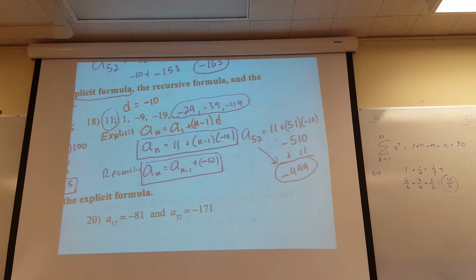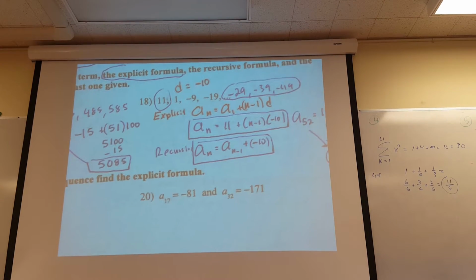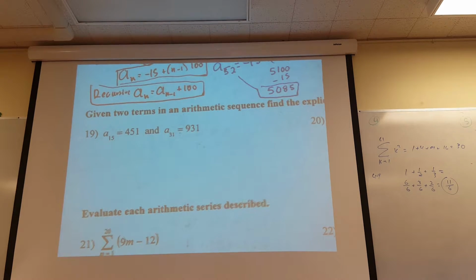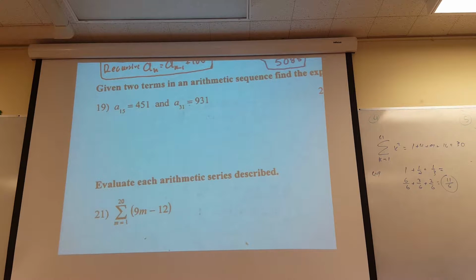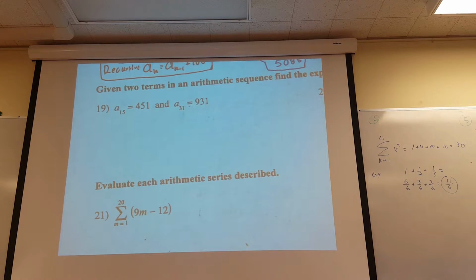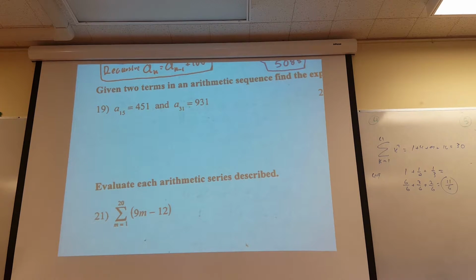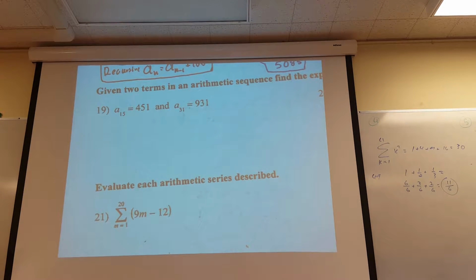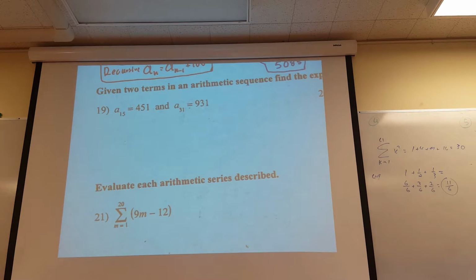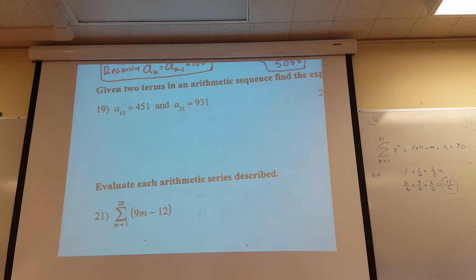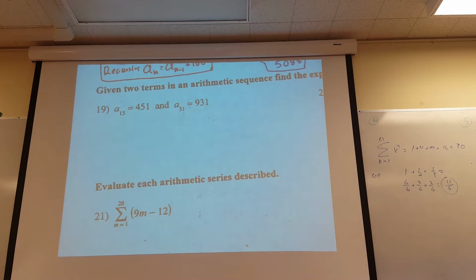All right. Since everything's so easy, we actually have something that challenges us just a little, okay? All right, now, in number 19, I'm given the 15th and the 31st term, okay? Now, I need to come up with the explicit formula. Now, that's our big thing.